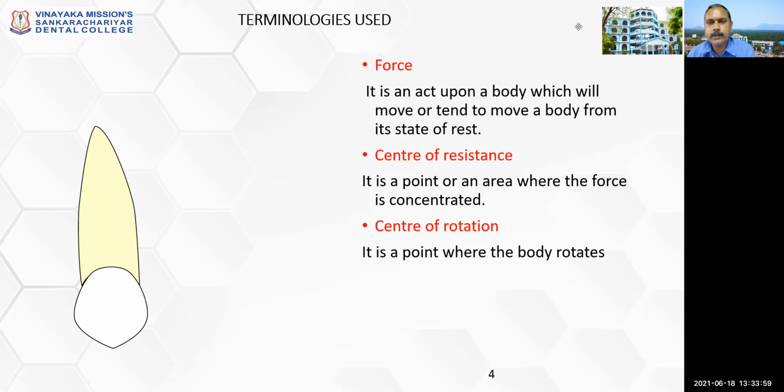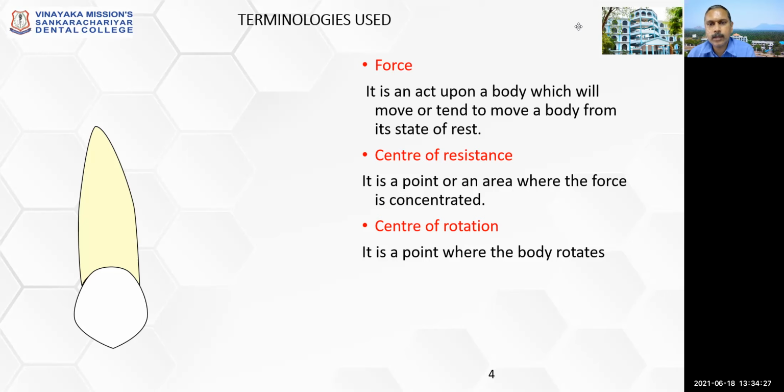Whereas if there is a resistance present along with center of gravity, for example, a tooth with the root inside the alveolar bone, if somebody tries to apply a force onto the tooth, the resistance is offered from the alveolar bone where the root is present.